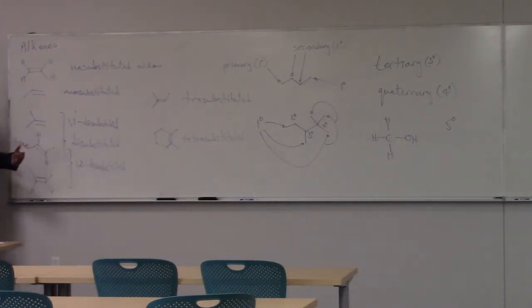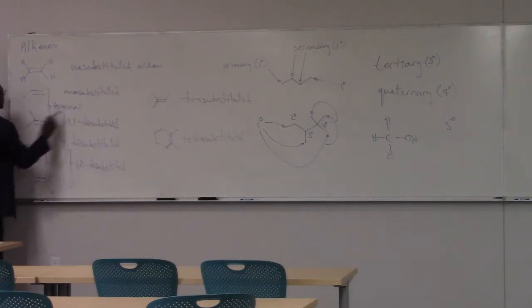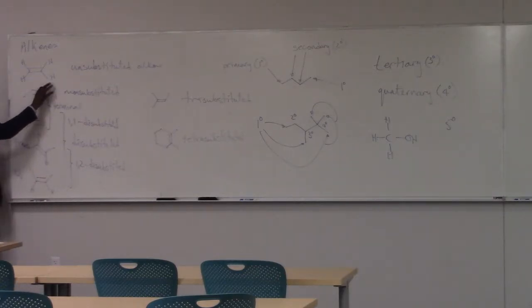One last point. When the double bond appears at the end of a chain, it is said to be a terminal alkene. So these two can also be considered terminal alkenes. Right? Because they end the chain. There are no more carbons beyond this one.